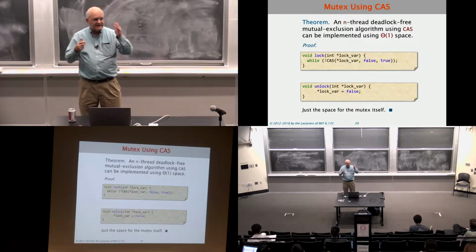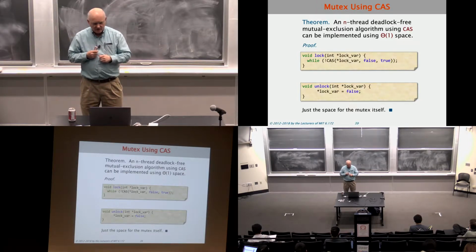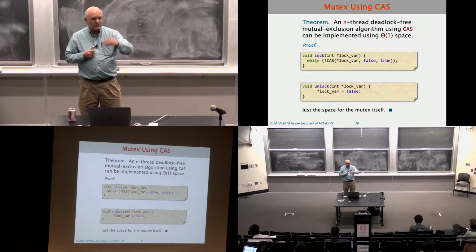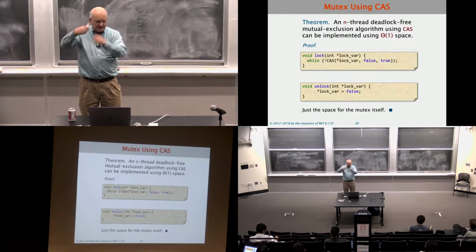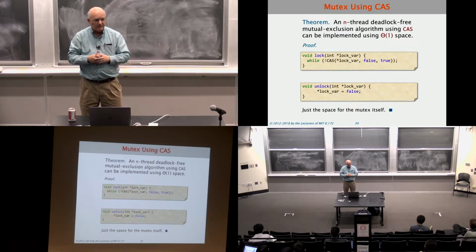True says that somebody holds the lock. I say the old value was false. If it's true, then the swap doesn't succeed, and you just keep spinning. Otherwise, you swap in the value, and now you're ready to go. And to unlock it, you just have to set it to false.